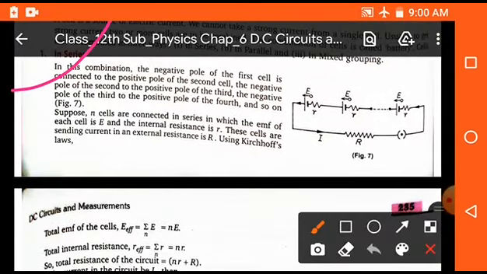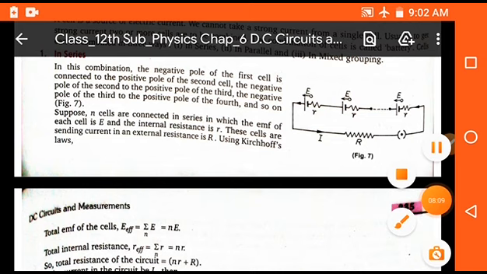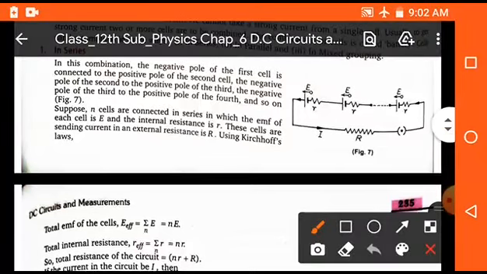So student, in series combination, as shown in the figure, there are n number of cells whose EMF are E, and their internal resistances are small r.